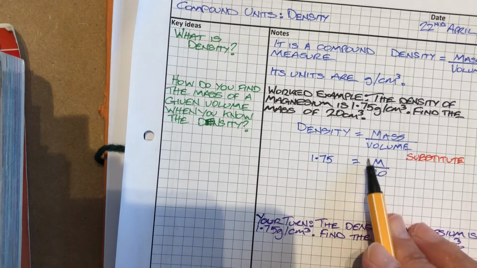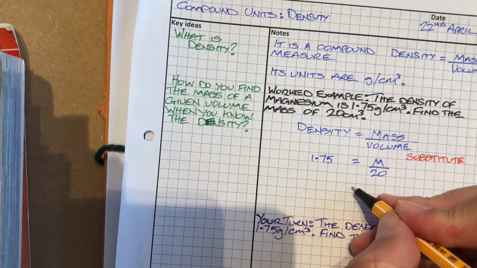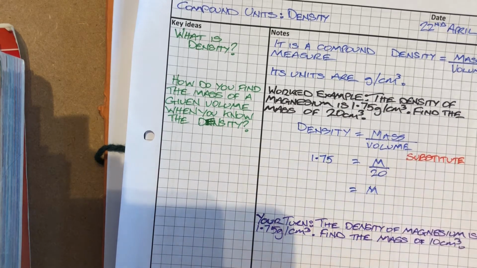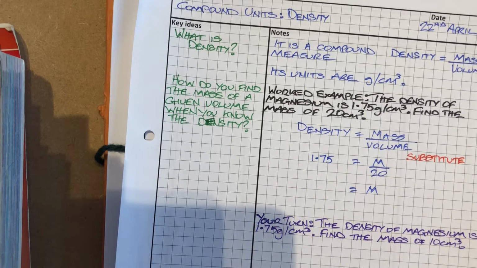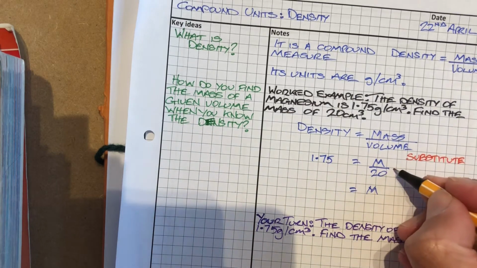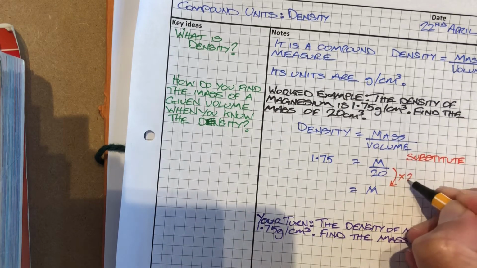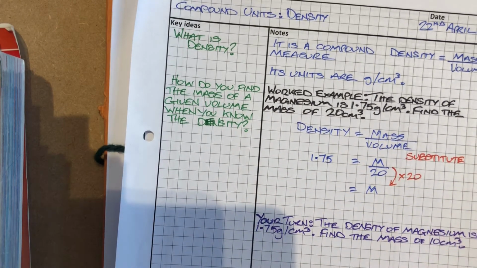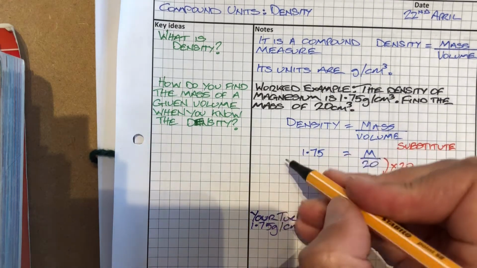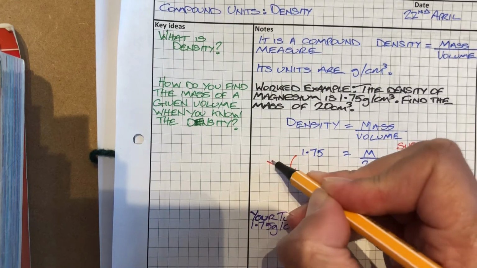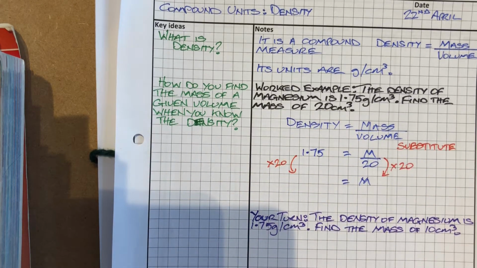I want to know what this unknown m is, so I need to get that on its own. It's not on its own at the moment because it's divided by 20. So I need to undo that divided by 20. I need to multiply by 20. If I multiply by 20 on this side, I multiply by 20 on this side.